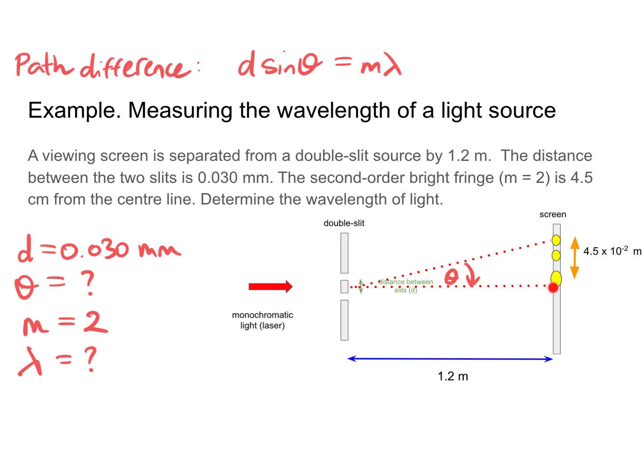So looking at the right angle triangle here, we'd need to find out what theta is. We know the length of the opposite side, and we know the length of the adjacent side. However, we don't know the hypotenuse, so we can't find the sine of this angle. However, what we do know is that this angle is really tiny, and that we can approximate the sine of an angle when the angle is really small to be equal to the tan of that angle.